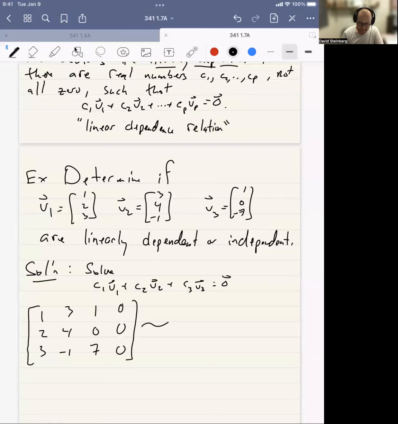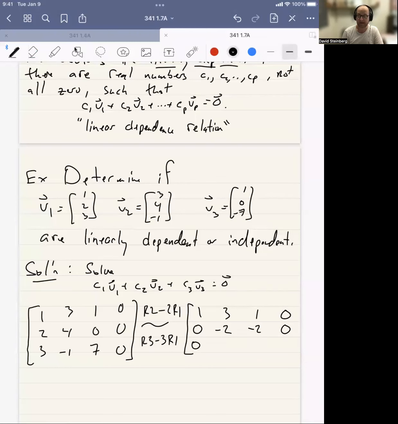We'll do what we always do. We'll take the second row and subtract twice the first row, and take the third row and subtract 3 times the first row. Our first row is unchanged. 2 plus negative 2 times 1 is 0. 4 plus negative 2 times 3 is negative 2. 0 plus negative 2 times 1 is negative 2, and 0 stays 0. 3 plus negative 3 times 1 is 0.